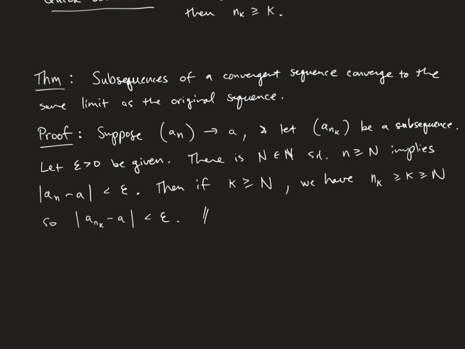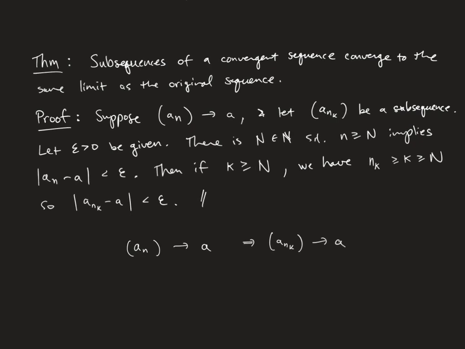So just a note about this. The logic of this is that if you have your sequence a sub n converging to A, then that implies that a subsequence, a sub n sub k, also converges to A, but the converse is not true. So the theorem, logically speaking, just looks like that, but the converse is not true.